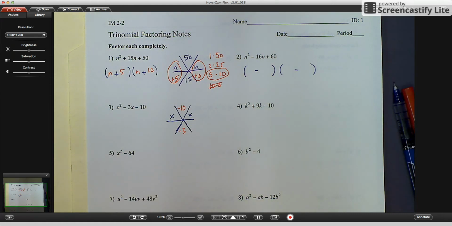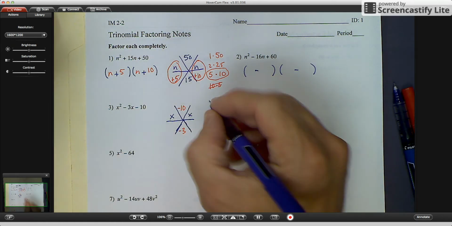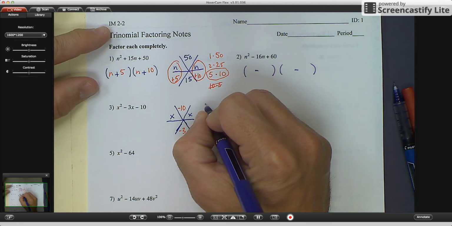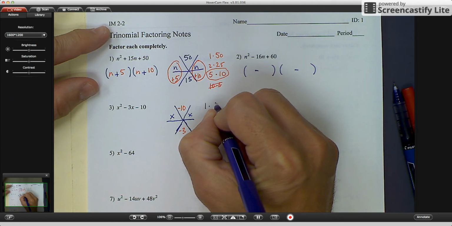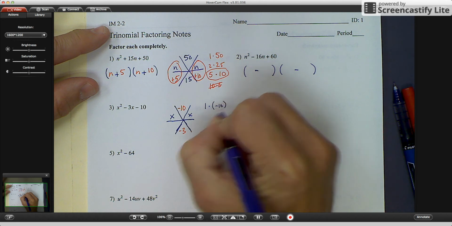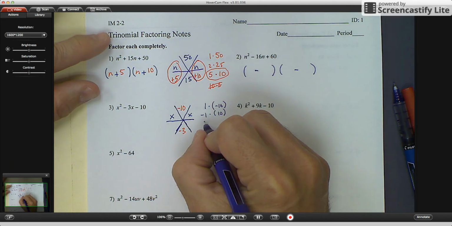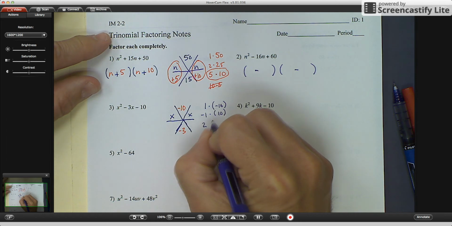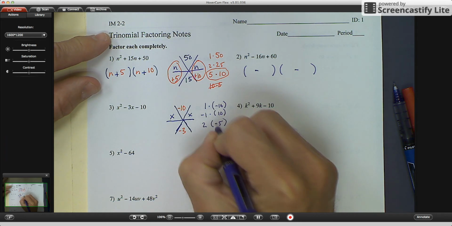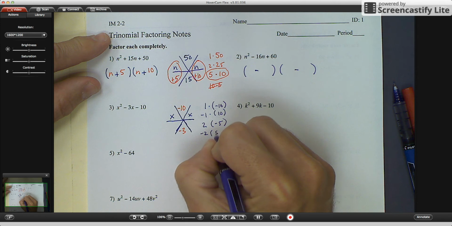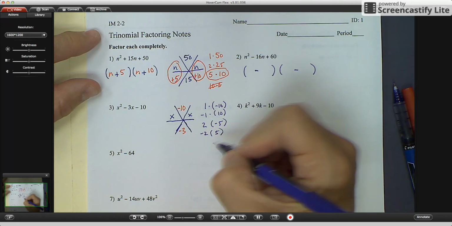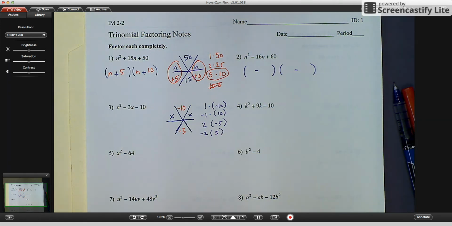And now I need to come up with all the factors of negative 10. So you could either have a positive 1 times a negative 10 or a negative 1 times a positive 10. You could have a positive 2 times a negative 5 or a negative 2 times a positive 5. And then that's it, because 3 doesn't go into 10 evenly, 4 doesn't go into 10 evenly, and then we get back to 5.